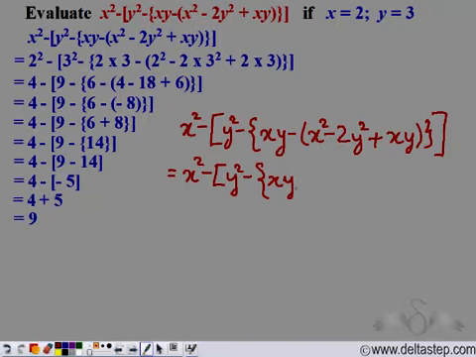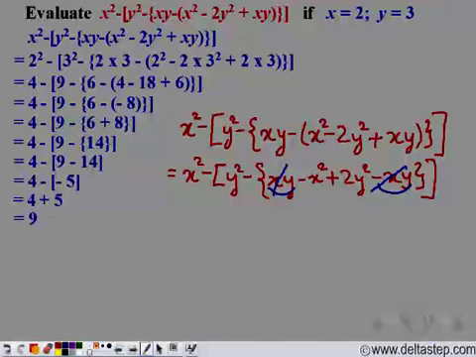We open this bracket, we get minus x square plus 2y square minus xy. Now this xy and this xy, this is plus xy, this is minus xy. So they get cancelled. So we cancel out these.